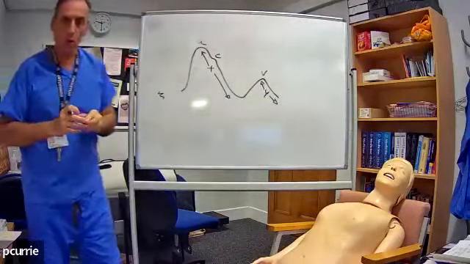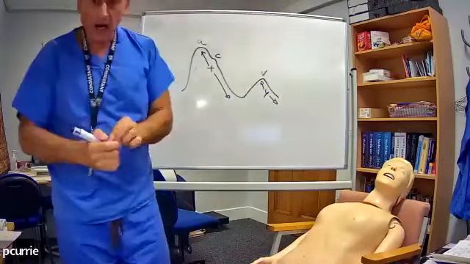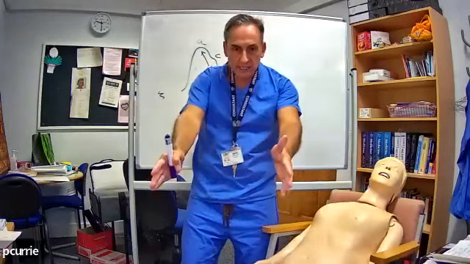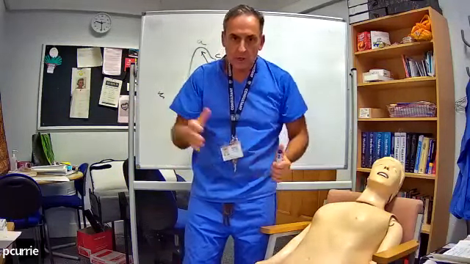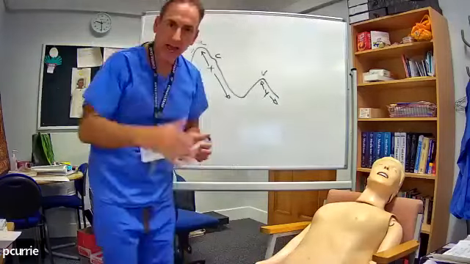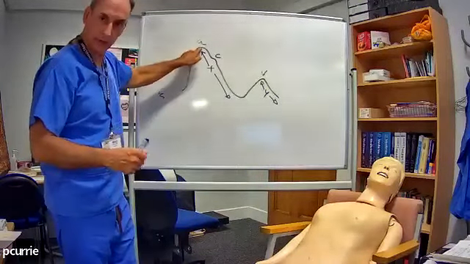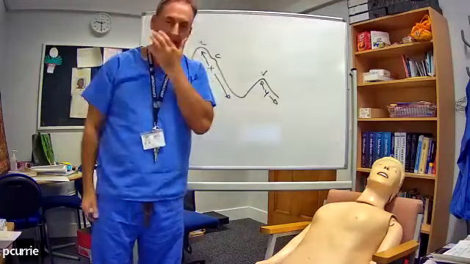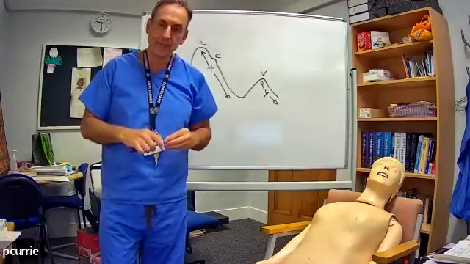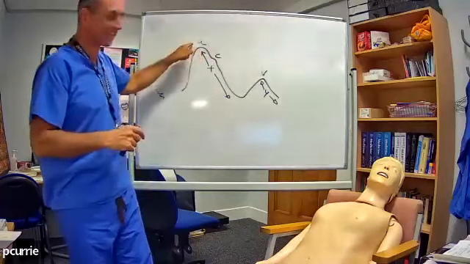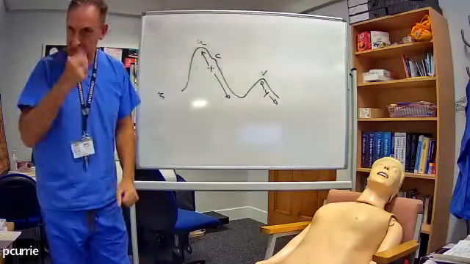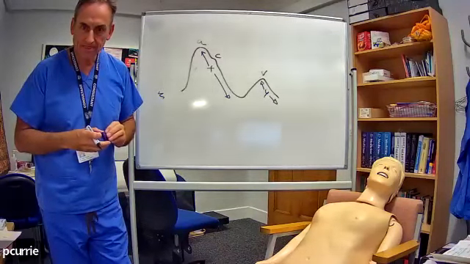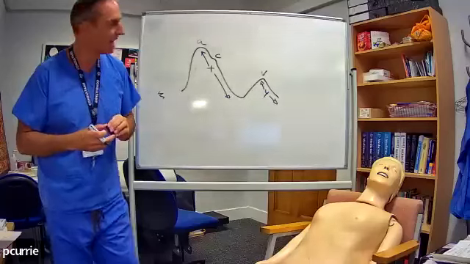Okay? So I want you to think, if we are looking at the JVP and we're looking right down into the right atrium, what might happen in the cardiac cycle to make the pressure or the pulse rise in the jugular vein? What might cause this A wave? Anybody?